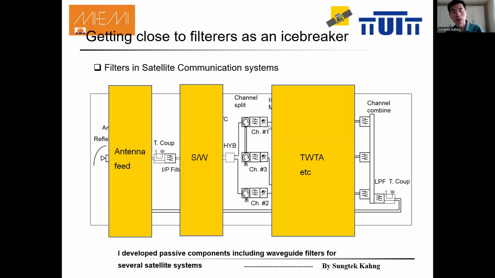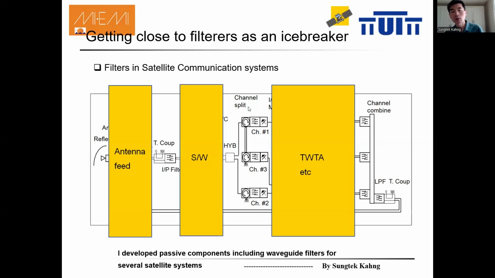This is called the input multiplexer or a demultiplexer. Demultiplexer means a channel splitter. At the end, right before the feed assembly, such as a horn antenna or high power antenna feeding structure, it is connected to the end of the output multiplexer, which is called the OMUX. This is a channel combiner.